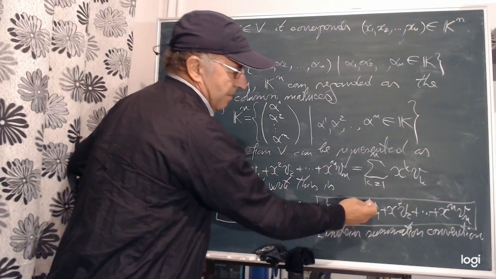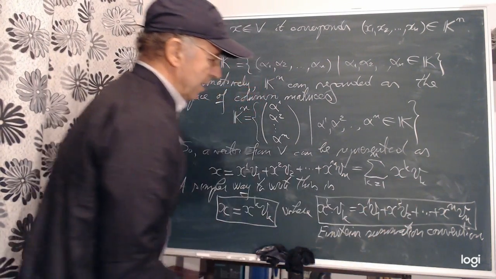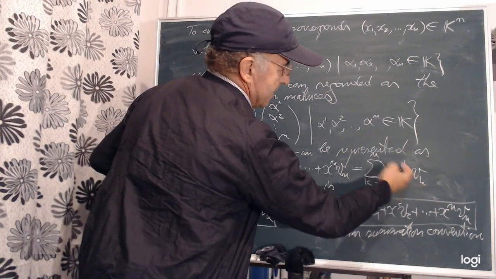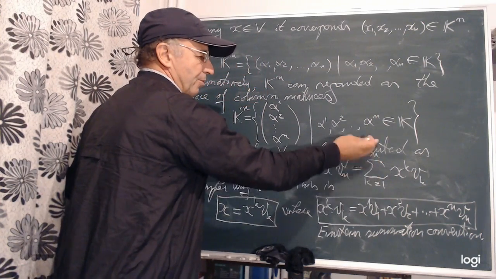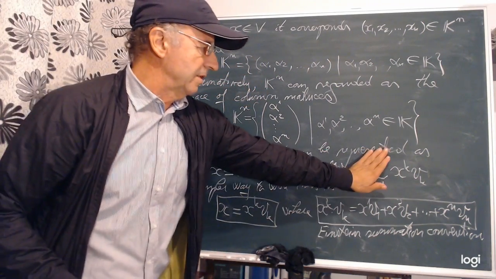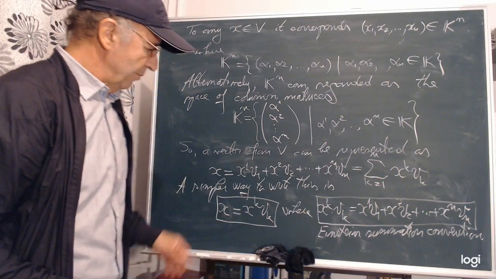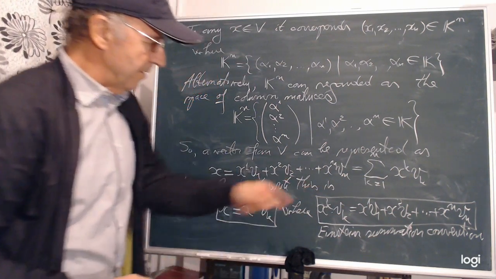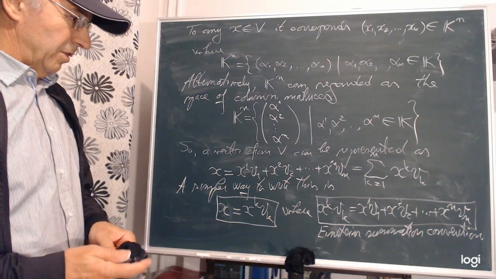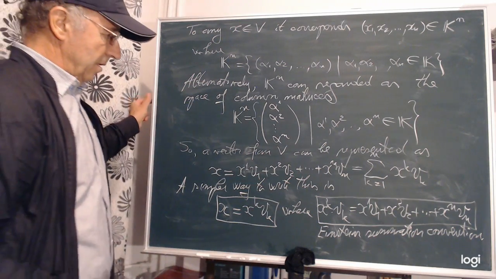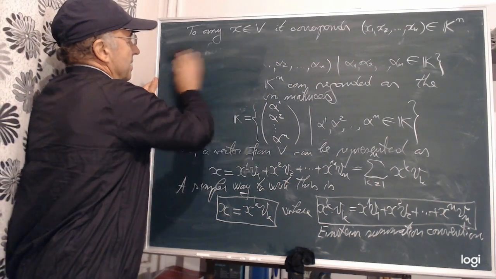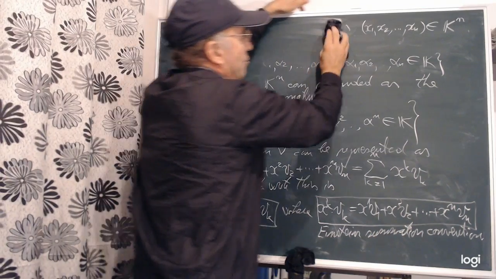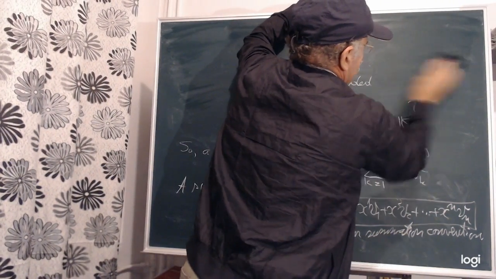K takes values from 1 up to n. So this is instead of this. We do not write this symbol; we understand it. We shall use this short notation, and let us consider for our vector space two bases.